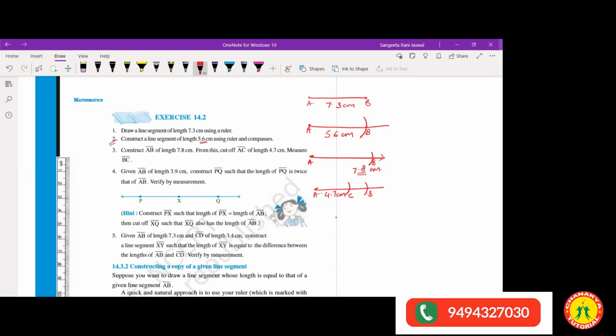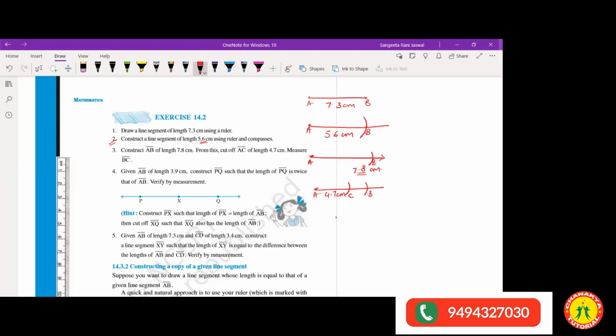What did you understand here? First, you have to construct a line segment of 3.9 centimeters. Given AB of length 3.9 centimeters, construct PQ such that the length of PQ is twice that of AB. Now you have to construct another line which is double of this length, 3.9.